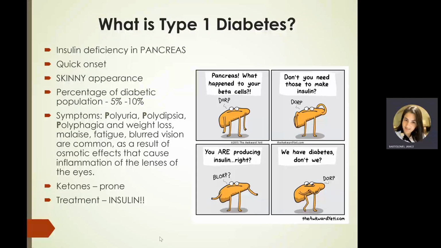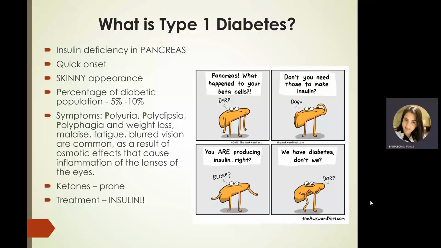Typically, it's about 5 to 10% of the population, and the symptoms they display are your three P's. We're going to learn what these three P's are. They're polyuria, lots of urine, polydipsia, lots of thirst, and polyphagia, lots of hunger, and then weight loss.